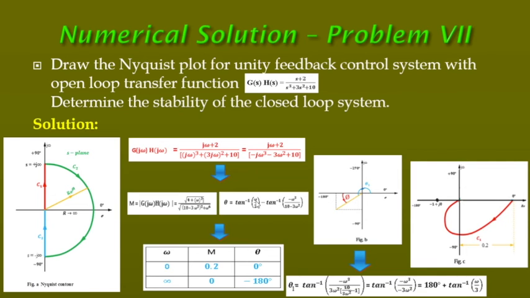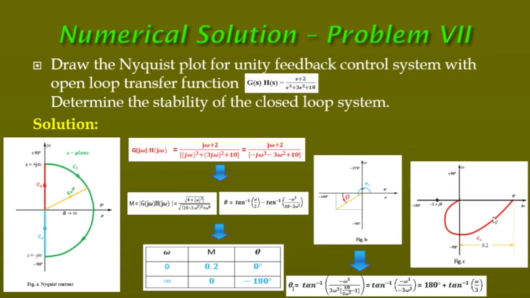Then if put omega equal to infinity, then this is plus 90 minus 180 and this angle is 90, that means minus 90. Plus 90 minus 90 cancel from both sides. Then we get minus 180 degree angle. Then draw polar plot. Starting point is 0.2, this is magnitude, and phase angle is 0 degree.